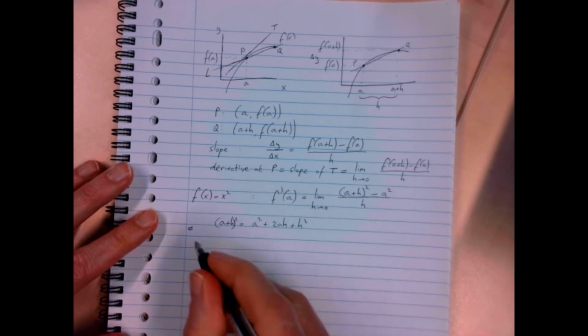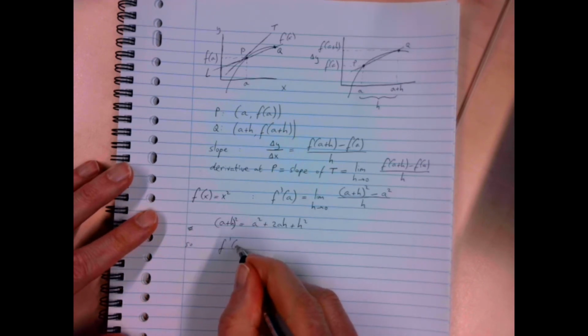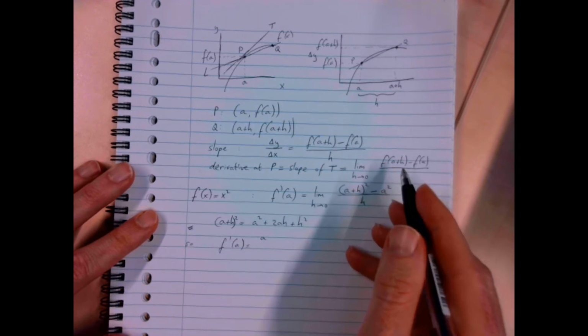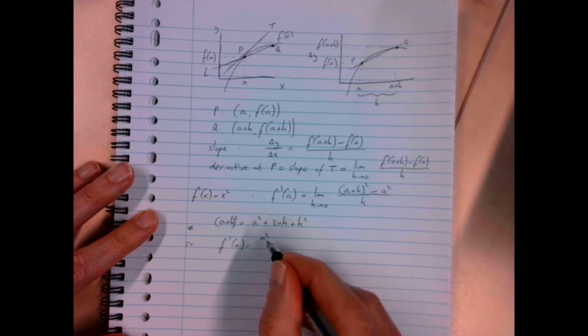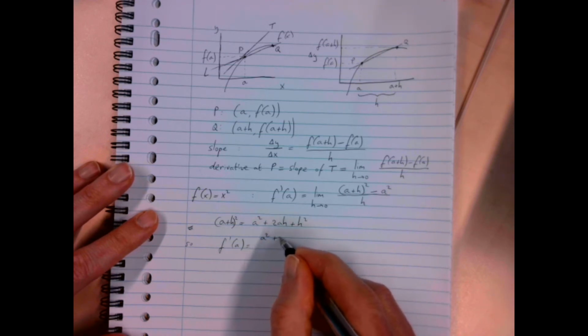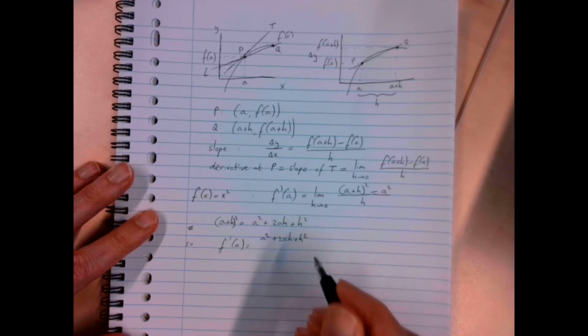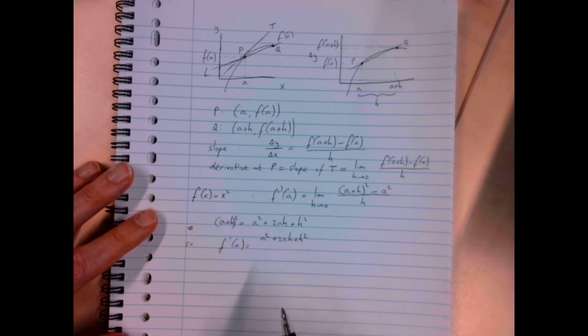So let's plug that in. So f prime of a equals the limit of a plus h squared, this expression, a squared plus 2a times h plus h squared. You recognize here the quadratic identity that we already identified in the first lecture.